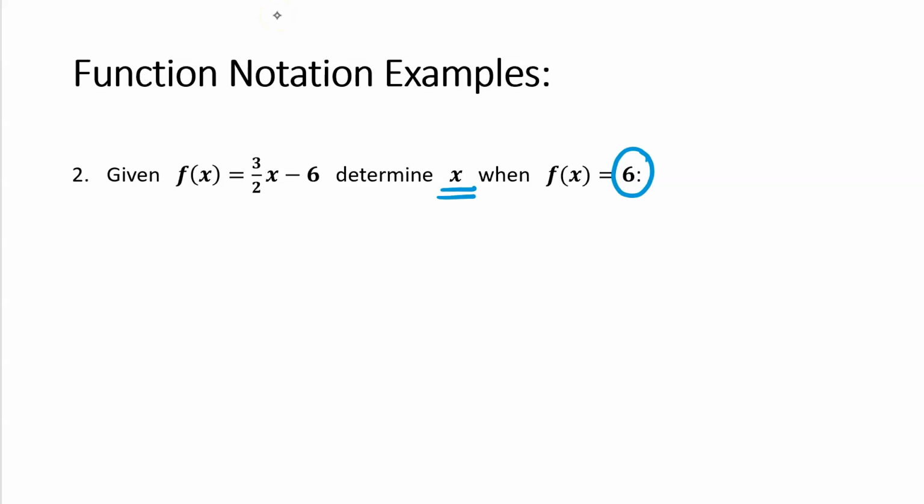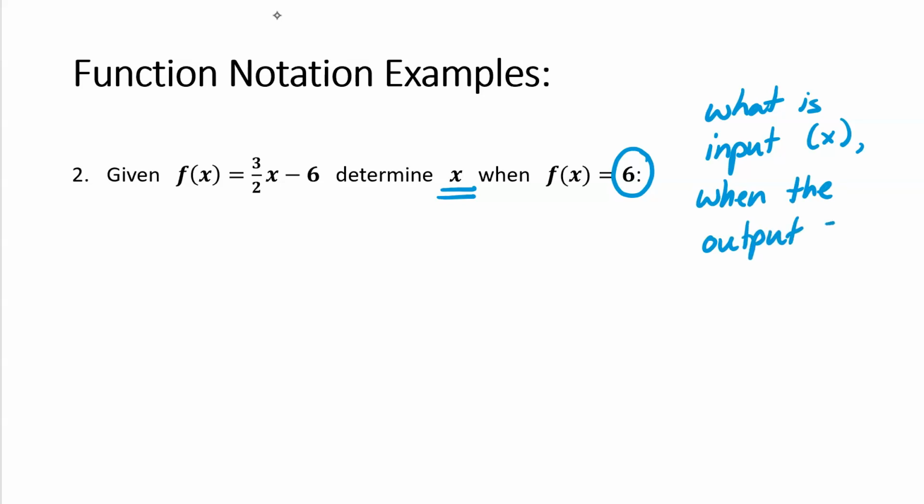So here we're saying, what is your x when you know the output equals 6. Given that f of x equals 3 over 2x minus 6, determine x. Determine the input when f of x equals 6. Determine the input when the output is 6.